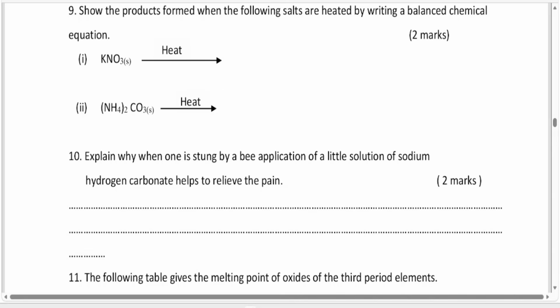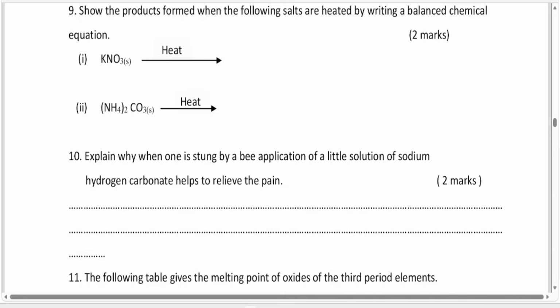Potassium nitrate is being decomposed by heat, and we know that when heat is applied to nitrates of more reactive metals, we always obtain the nitrite and oxygen of that particular metal.